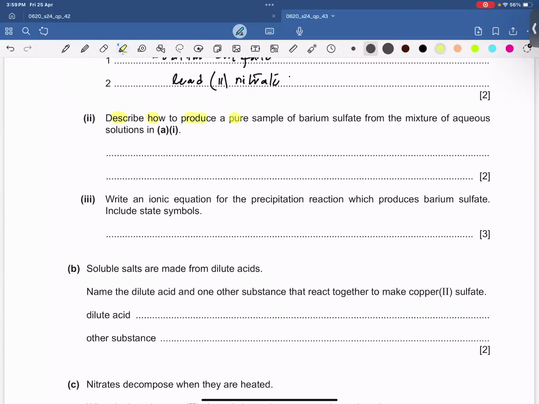Describe how to produce a pure sample of barium sulfate from a mixture of aqueous solutions. Obviously, first of all you will filter. Filter the mixture.